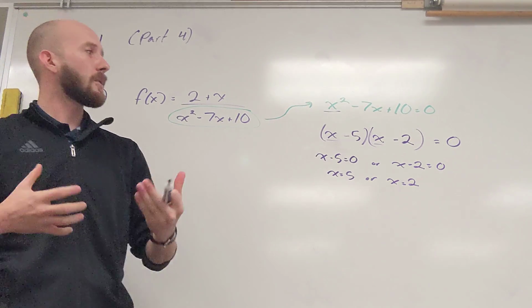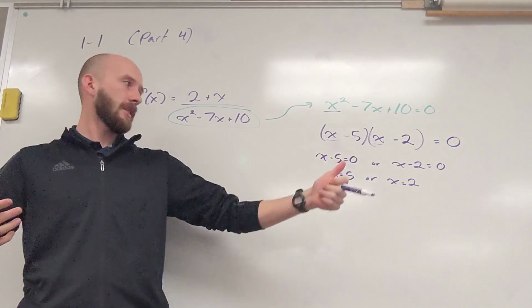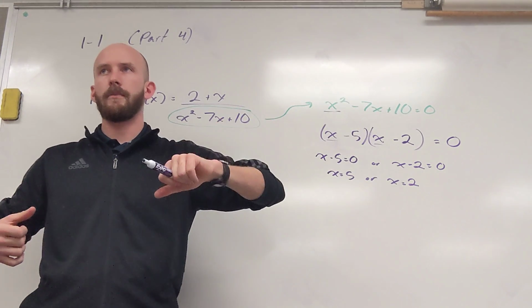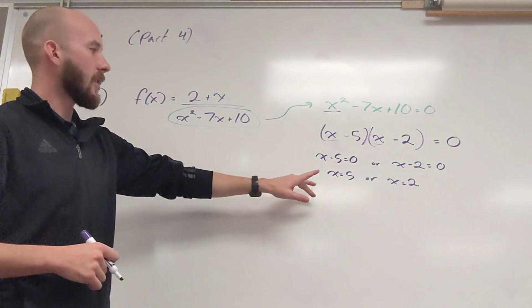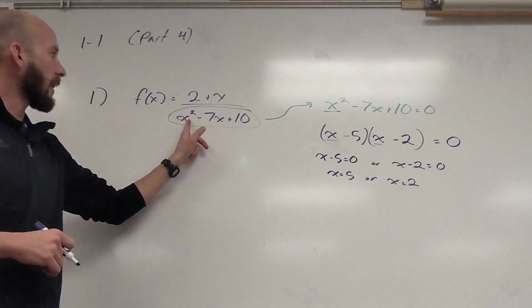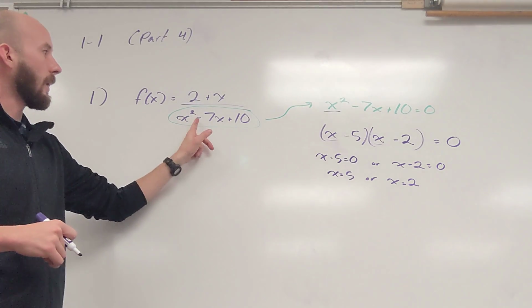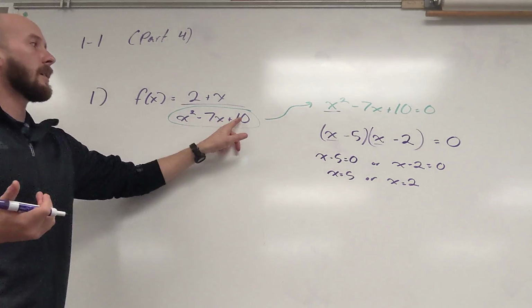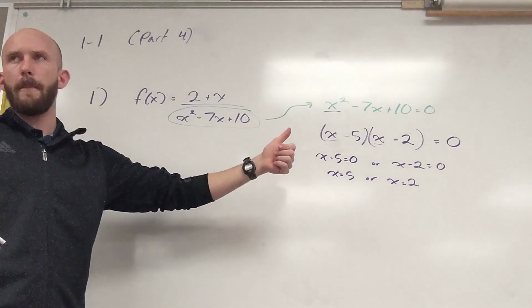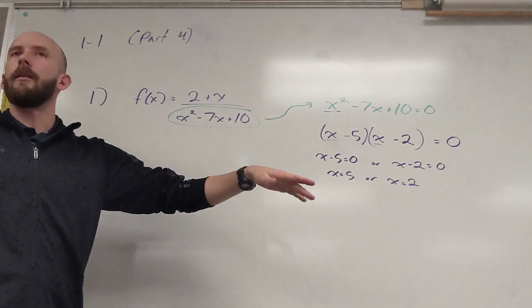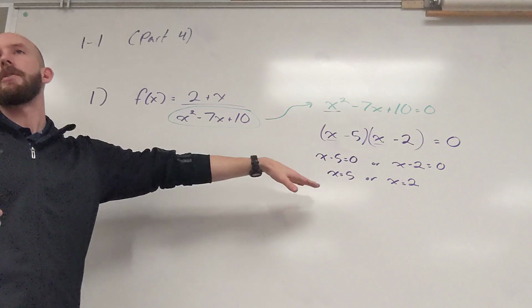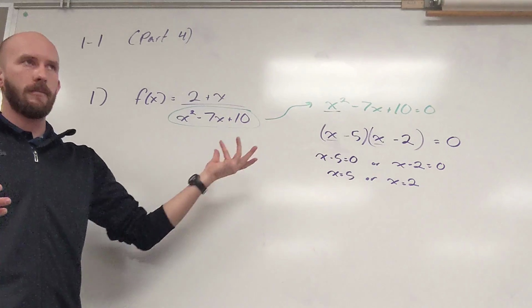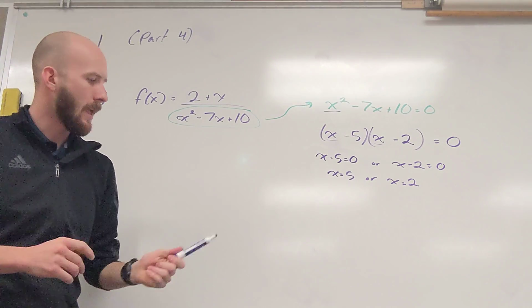So basically my domain is all real numbers except for 2 and 5. And you can check: if I plug 2 in for x, 2 squared is 4, minus 14 is -10, plus 10 is 0. If I plugged in 5, the same thing would happen. I would get 0.